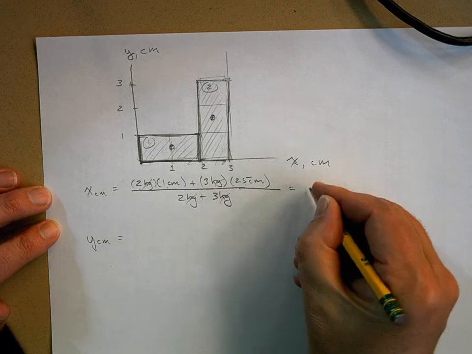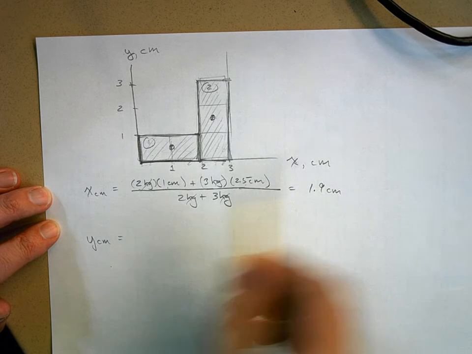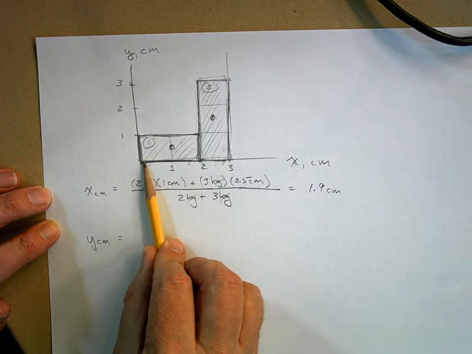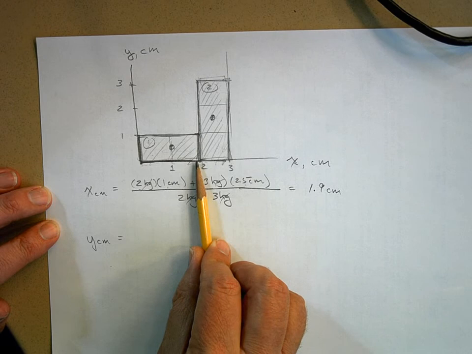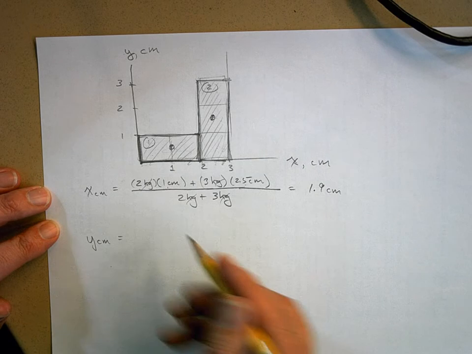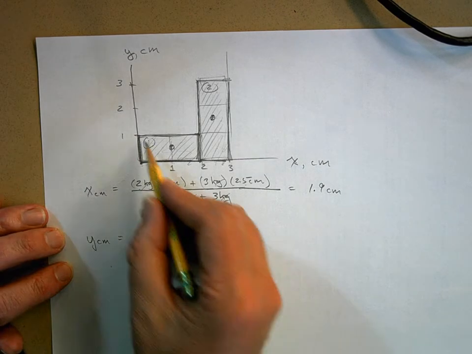And that's 1.9 centimeters. So think about this. If you're going to balance this, 1.9, right about here. Doesn't that seem right? Intuitively, that it would balance right there?